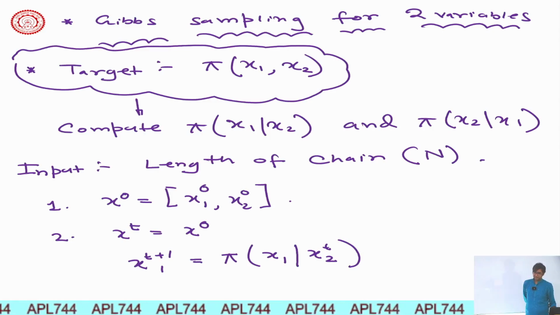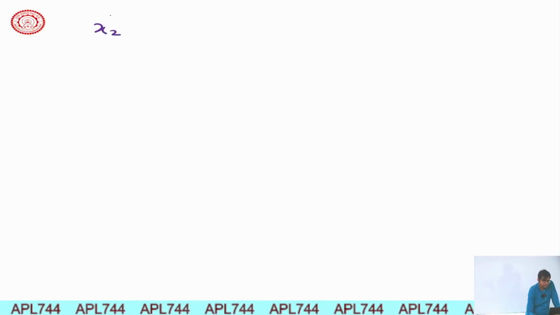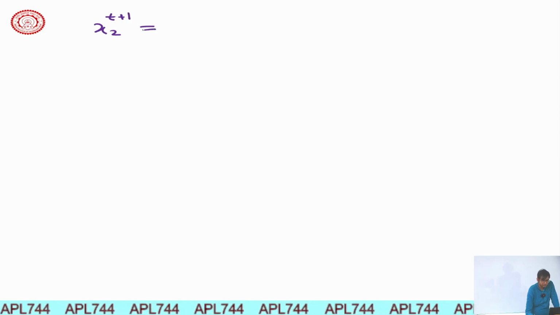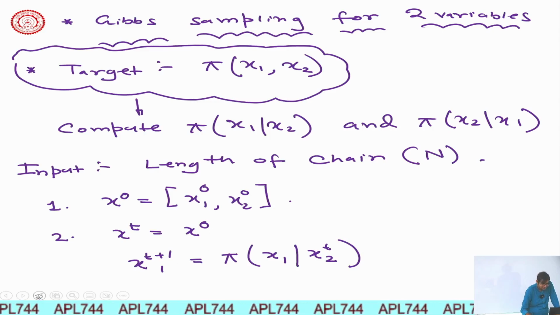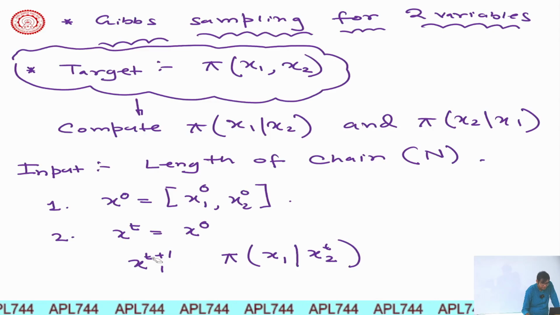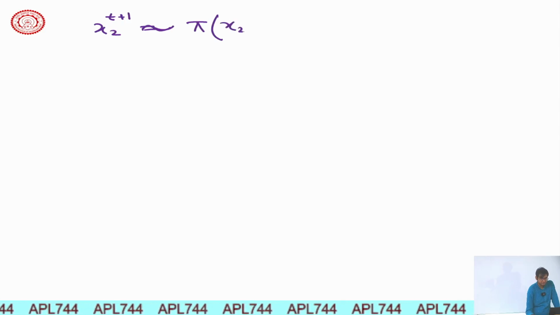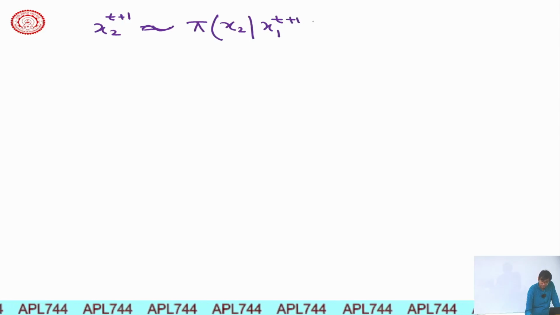Next, you will draw a sample of x2^(t+1). This is the notation, actually the notation is wrong, because it's a sample, it's not equal to. Pi of x2 given x1^(t+1), not t.